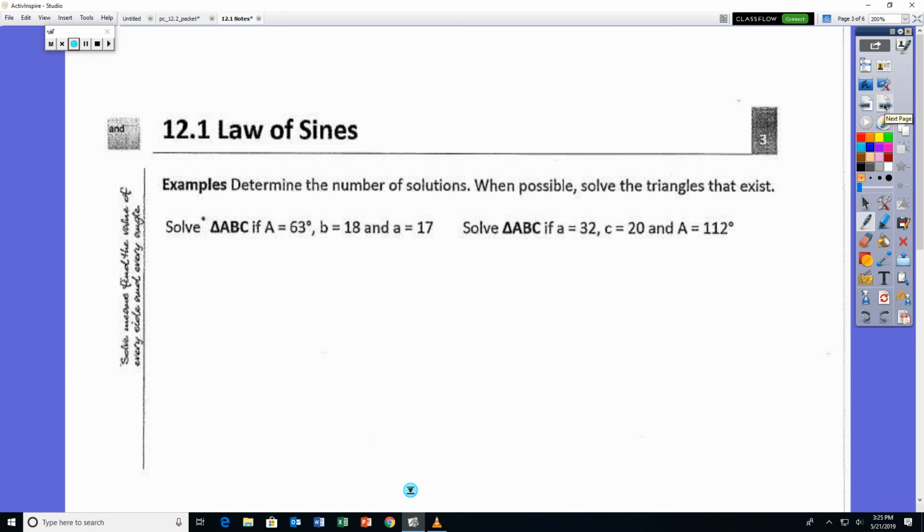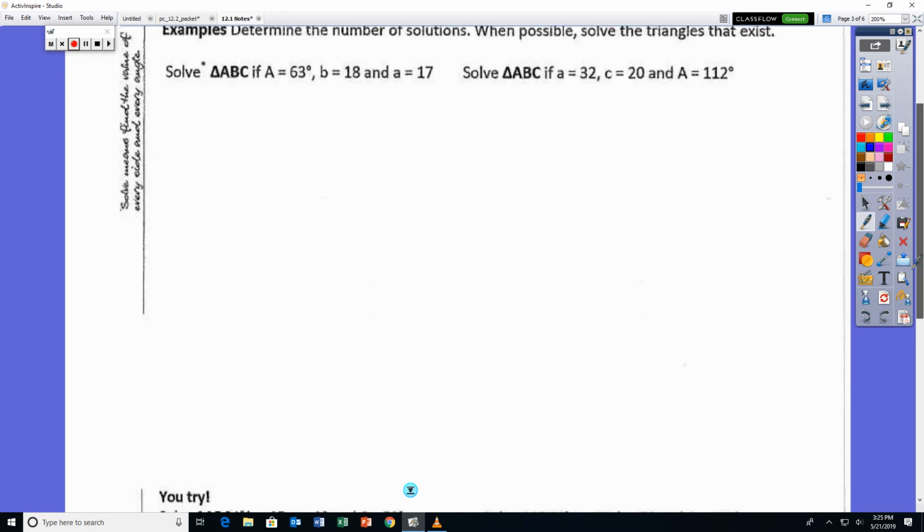So now for our examples of how to actually use that. For the first example, I'm going to go over here. They gave me what A is, they gave me what C is, and they gave me angle A. So I can think of C as the same as my B times sine of A right here, or 20 times the sine of 112 degrees.